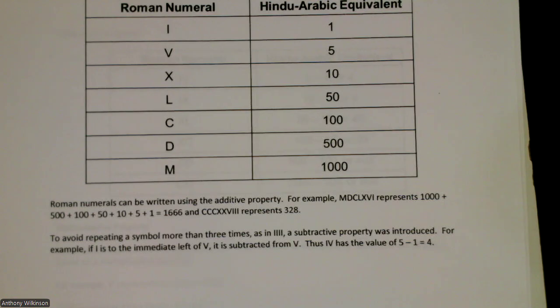So it'd be 328 for that Roman numeral. Now, to avoid repeating a symbol more than 3 times, as in IIII, we use the subtractive property. So, for example, if I is to the immediate left of V, it is subtracted from V. That means IV will have the value of 5 minus 1, which is 4. Okay?